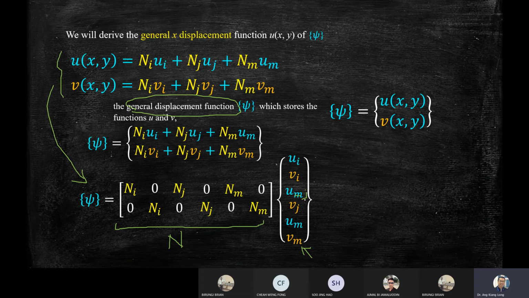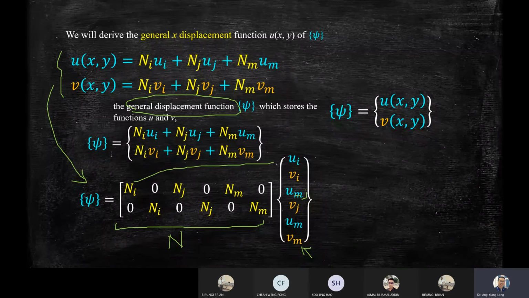This should be uj, not um. Okay? Because when I copy and paste, when I type the formula, it should be j. So just take note, there's a typo error here. So I think you can see the flow of derivation over here. All right. So how to get this K matrix?